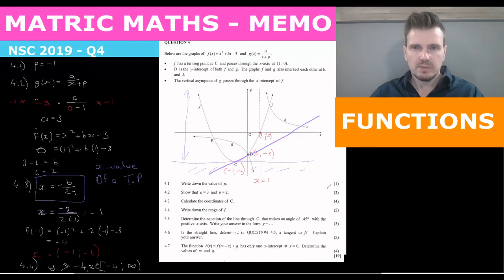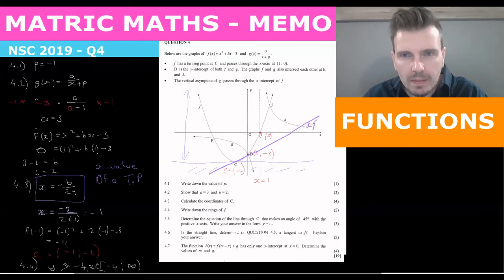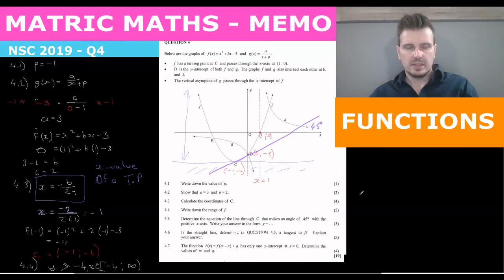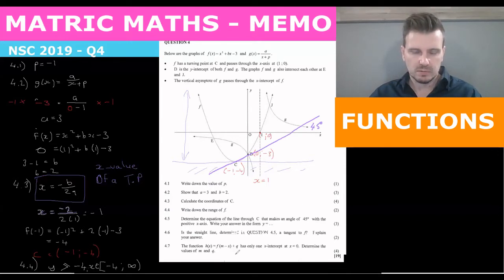Well, if something makes a 45-degree angle with the x-axis, that means its gradient is equal to 1. But let's actually just work it out to make sure that we get the working out, the method marks.